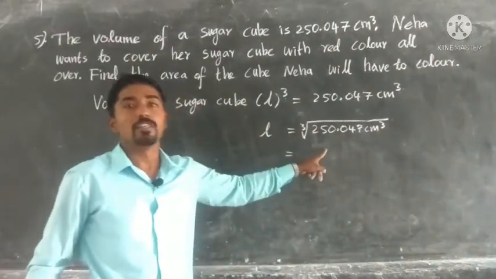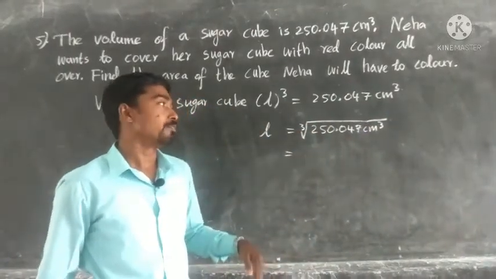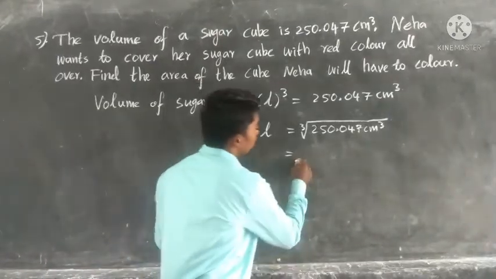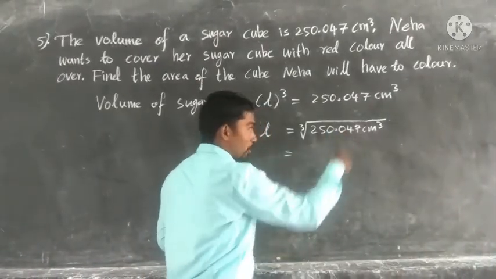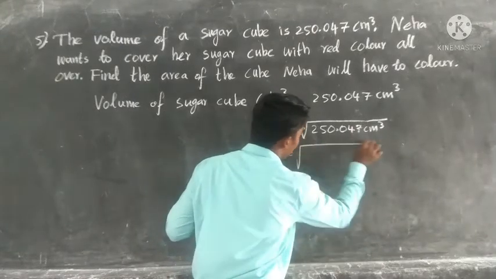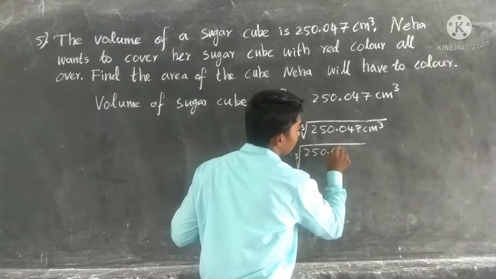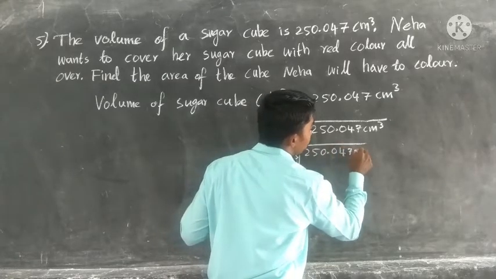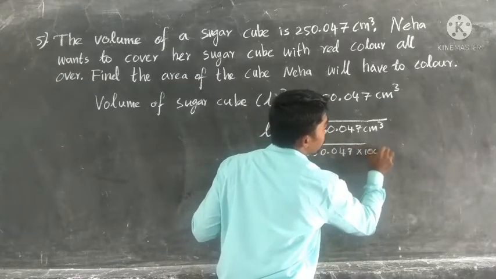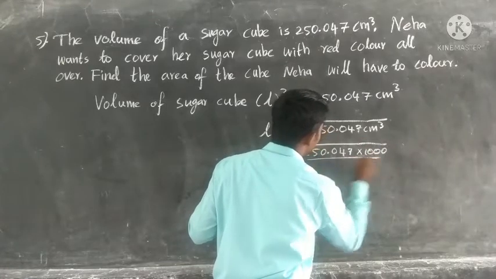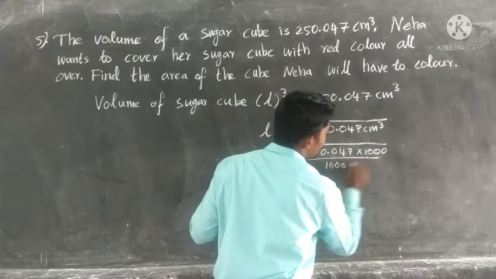Since it is in decimal number we are going to convert into whole number. So both the numerator and denominator we are going to multiply by 1000. 250.047 into 1000 divided by 1000.